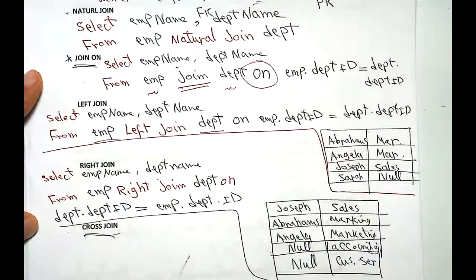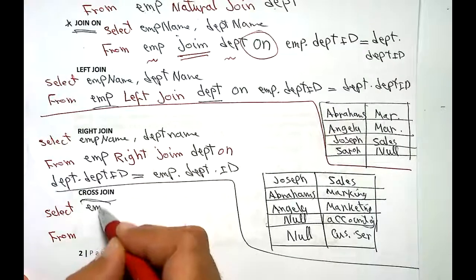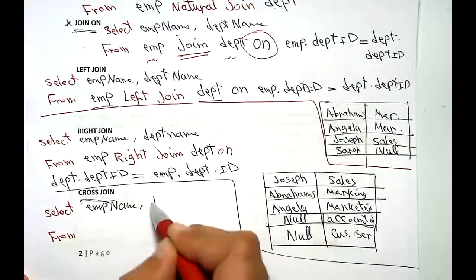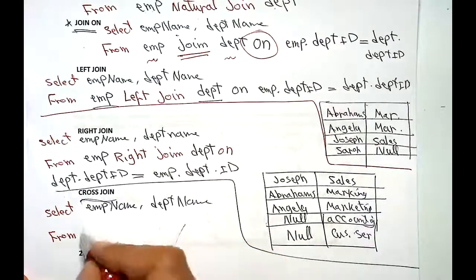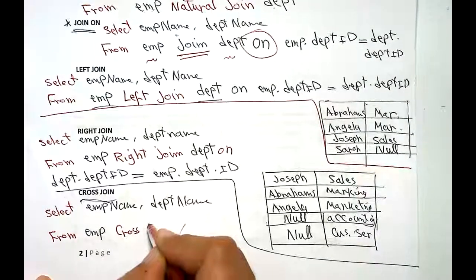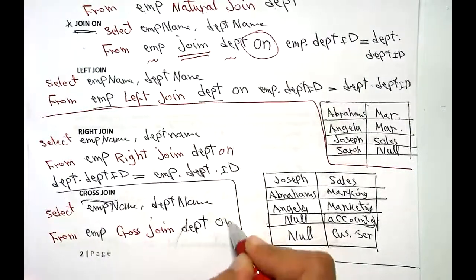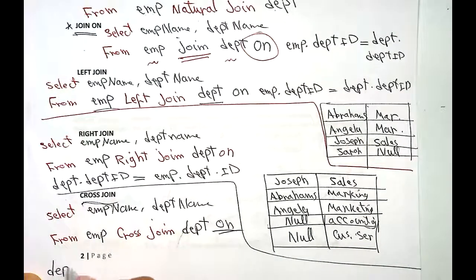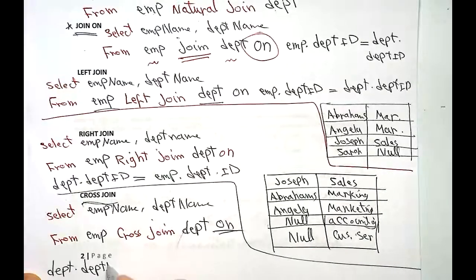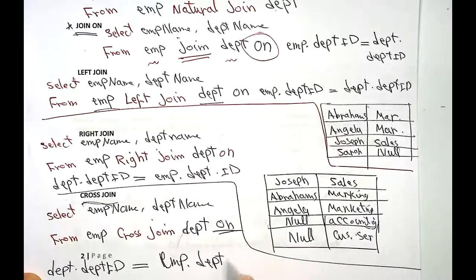So the syntax is select, from. I will select emp name and dept name from emp cross join dept on, and then I will have dept dot department ID equals emp dot department ID.